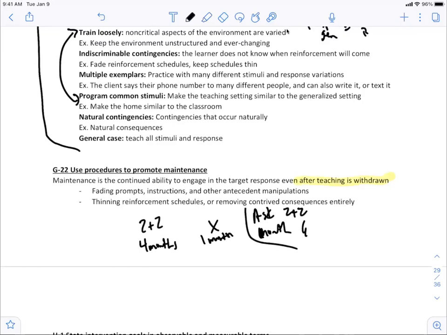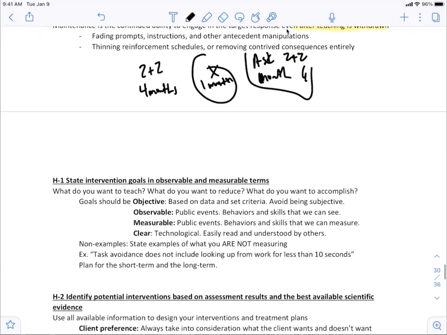If they can still answer 2 + 2 in month 6 after a month of no teaching, they've maintained. Easy as that. How do we get there? We fade prompts, we fade instructions, all right? We make it more natural, then reinforcement schedules, okay? Because remember, when we get to the natural environment, reinforcement is not going to happen as rapidly as it does in our trained environment.